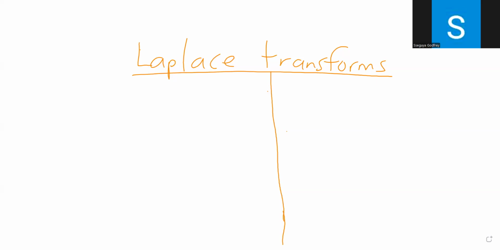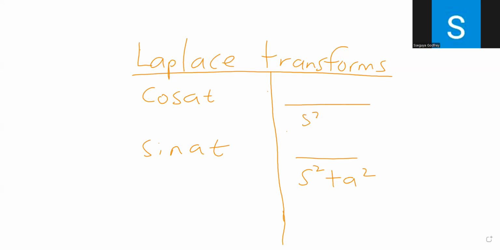Another one, we shall have cos(at) and sin(at). These ones I'm going to explain at once. You should first know the denominators: s squared plus a squared. Now look at cos and sin.